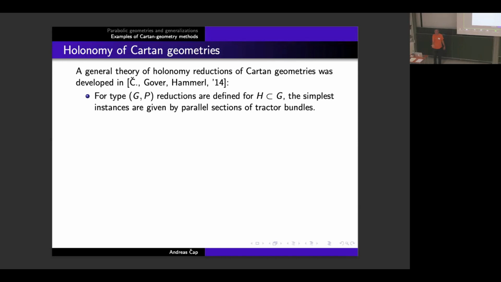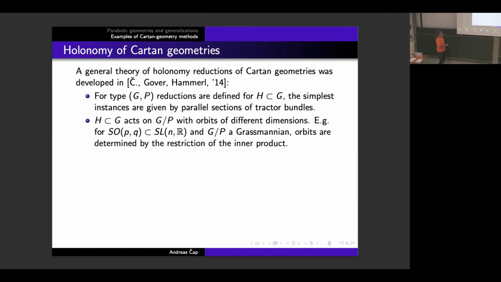This gives the simplest examples of reduction of conformal holonomy: for conformal standard tractors, put a parallel complex structure on this bundle, or require that there is a parallel section in the complex standard tractor bundle, or a parallel subbundle of some dimension. These are all examples that give rise to holonomy reductions.